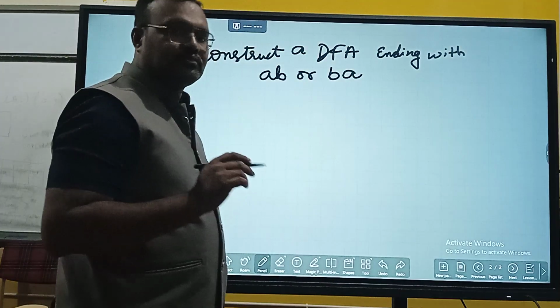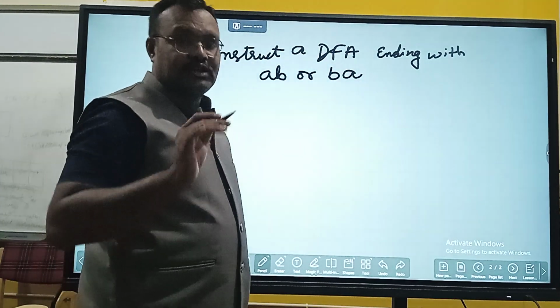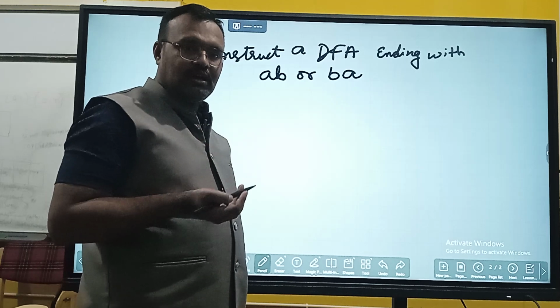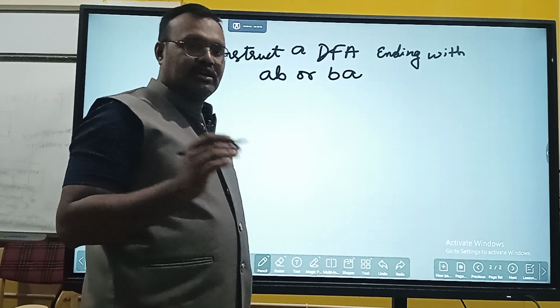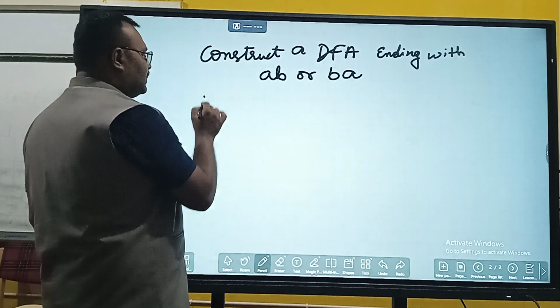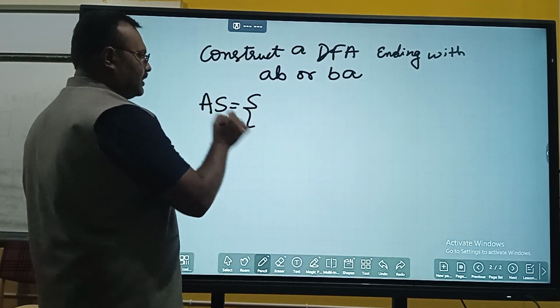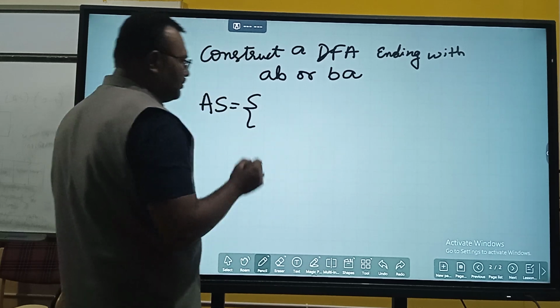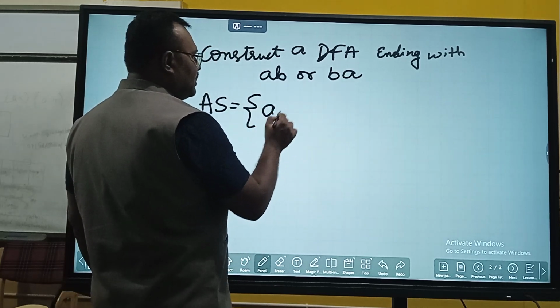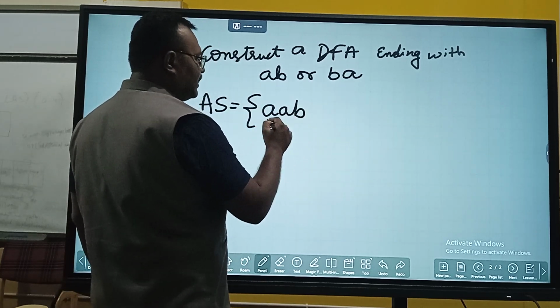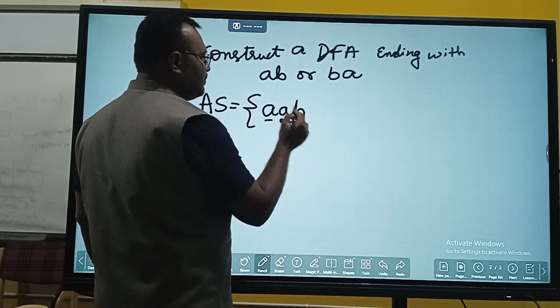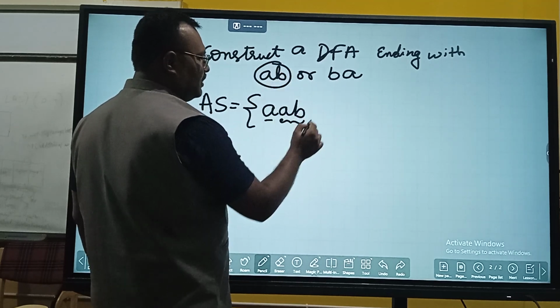Let us see what are the strings that are accepted and what are the strings that are rejected. So first, let me write the strings that are accepted. Accepted strings can be, see, AB. It is starting with A and it is ending with AB, which belongs to the first category.